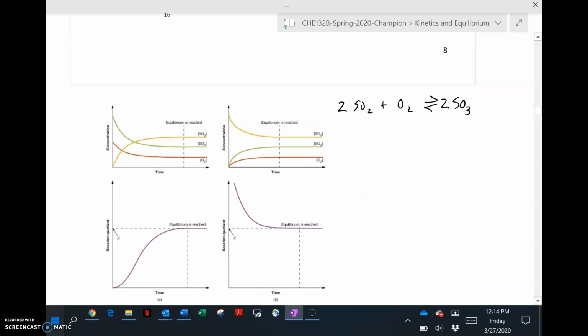I think these are all gas phase. So Q for this is going to be equal to the concentration of SO3 raised to the power 2 over the concentration of SO2 raised to the power 2 times the concentration of O2 raised to the first power. So we don't have to calculate that.